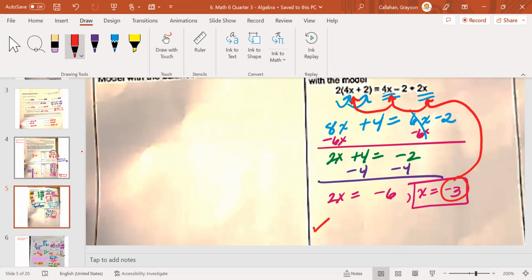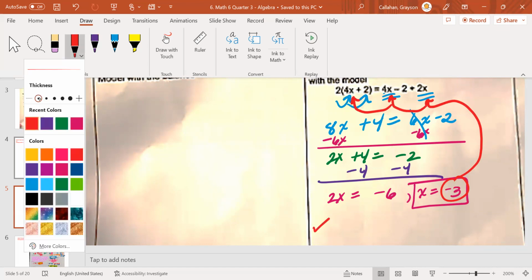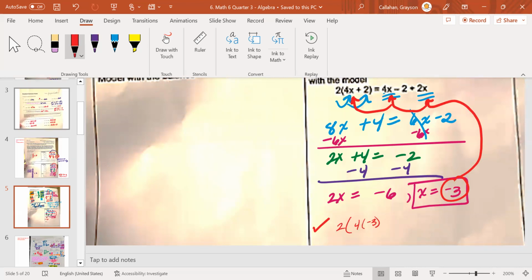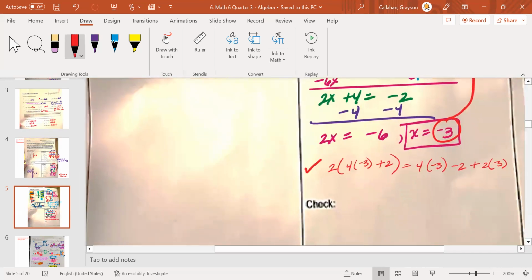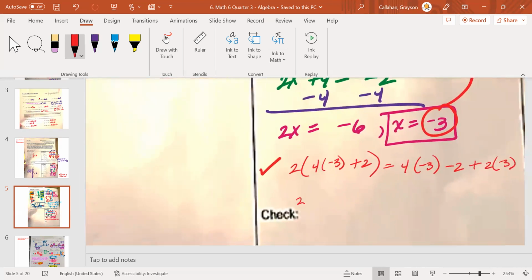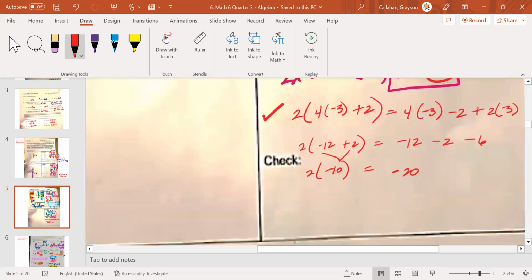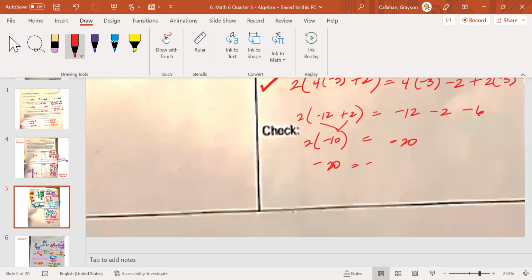So then when I do that, what I'm going to have is 2 times the quantity 4 times negative 3 plus 2 equals 4 times negative 3 minus 2 plus 2 times negative 3. So 4 times negative 3 is negative 12, plus 2, equals 4 times negative 3 is negative 12, minus 2. 2 times negative 3 is negative 6. Parentheses first, 2 times negative 10 equals negative 12 minus 2 is negative 14. Negative 14 minus 6 is negative 20. What's 2 times negative 10? Does it equal each other? Yes, it does. Okay, so that's how you would check.